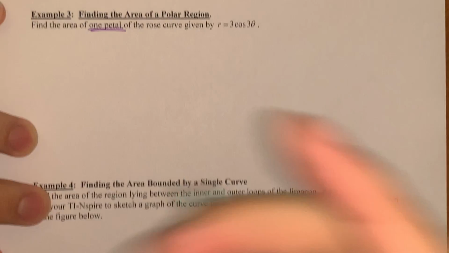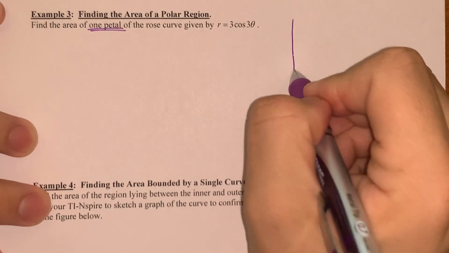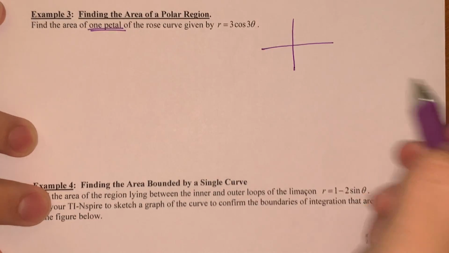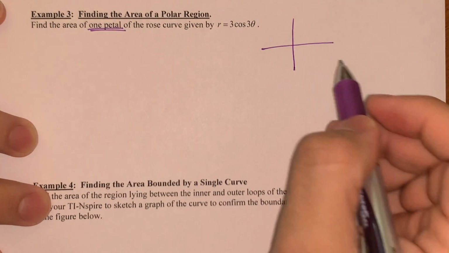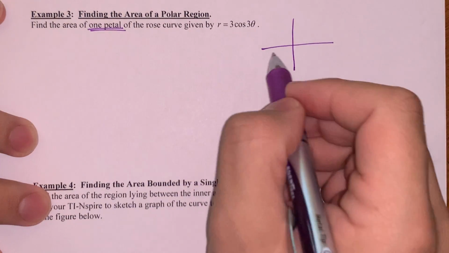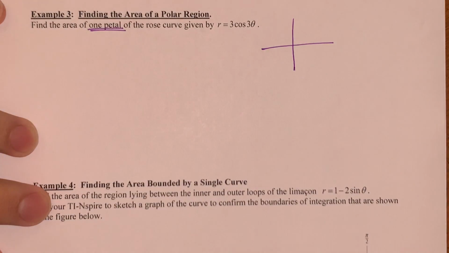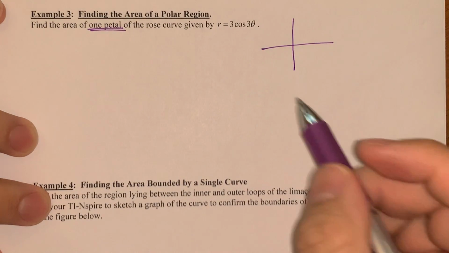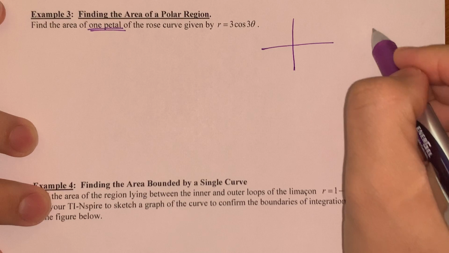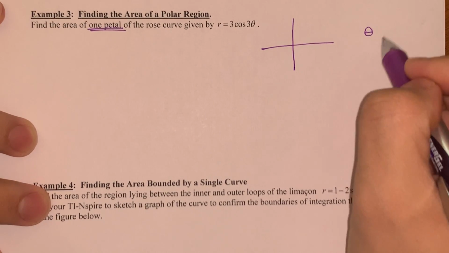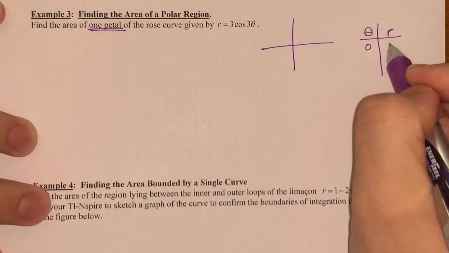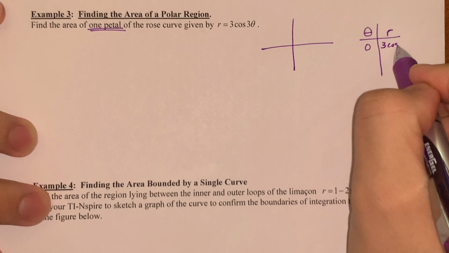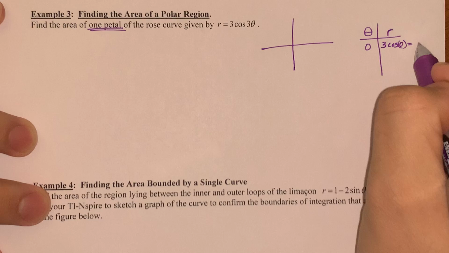So let's think about this. If I think about how I'm going to start, now granted, a lot of times they're not even going to give you the graph. This would be a pretty good multiple choice question, but they're not even going to give you the graph. So you're going to have to decide for yourself how you're going to graph this. If we were to graph this with theta and radius, we know that at theta of 0, it was going to be 3 cosine of 0, which was 3.